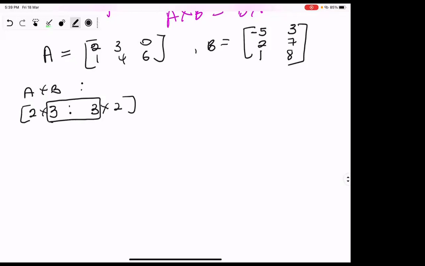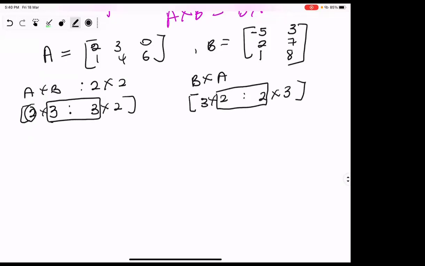And if it's possible, then the dimension of the resulting matrix is going to be 2 by 2. If we check for B times A, the dimension of B, 3 by 2, dimension of A, 2 by 3. The two inner numbers, once again, are the same. And so the dimension of the resulting matrix is going to be 3 by 3.